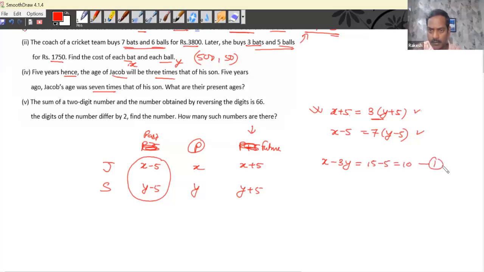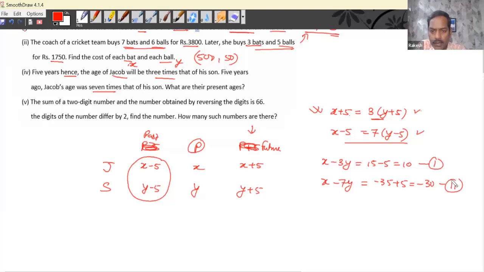This is my equation number 1. Similarly, this thing can be done as x minus 7y. This 5 will go to the RHS. In the RHS, this will be minus 35 plus 5. So we'll make it minus 30. Rearranging them, we can multiply this equation by minus 1 so that we get rid of the negative sign, or we can retain this also. Let us retain this, right?